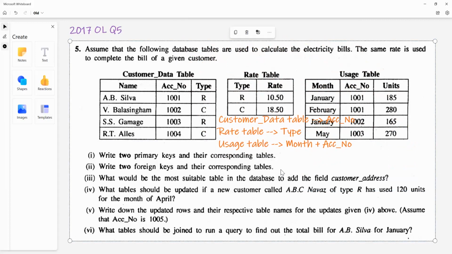Right. Now let me answer the second one. What are the foreign keys? When you say foreign key, we have to relate at least one table.